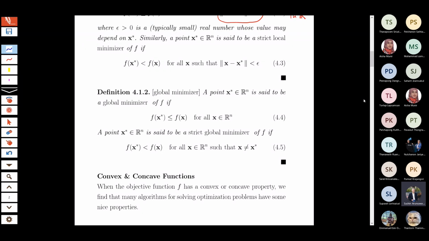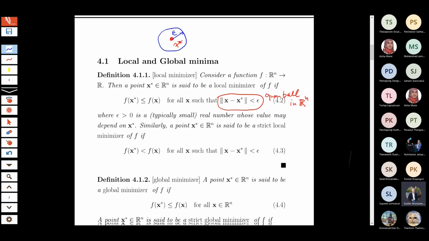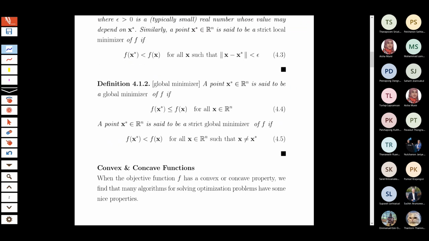In a local minimum, we consider all x only in the neighborhood, whereas in the global minimum, we consider all points x in R^n, in the domain of minimization.